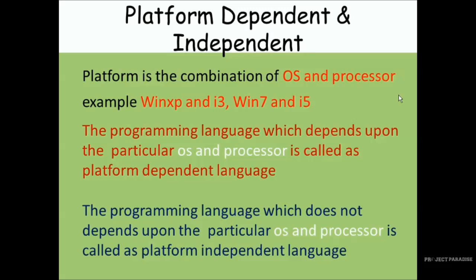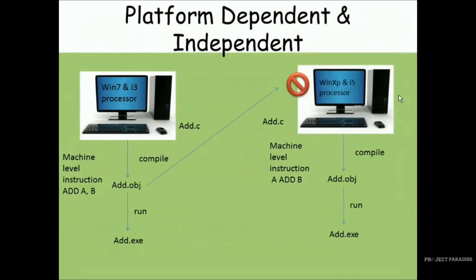Now let us take a scenario to understand this. Here there are two systems. One system contains Windows 7 as an operating system and i3 as a processor. The second system contains XP as an operating system and i5 as a processor.